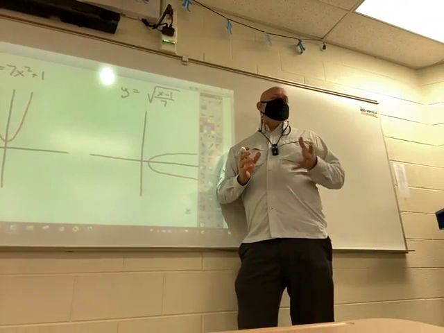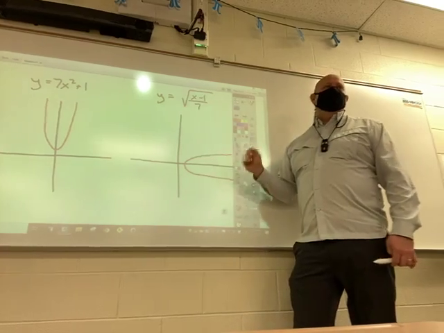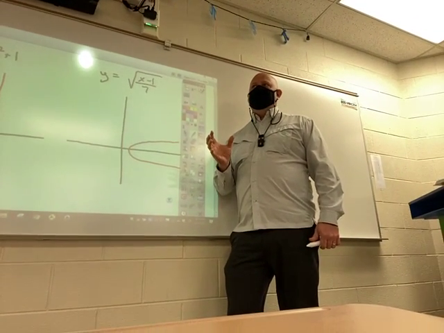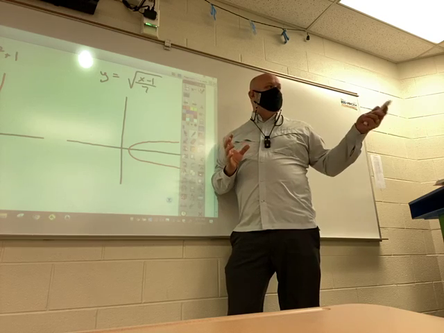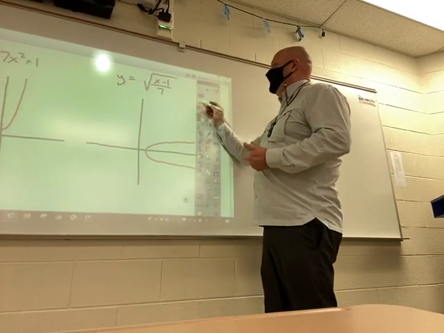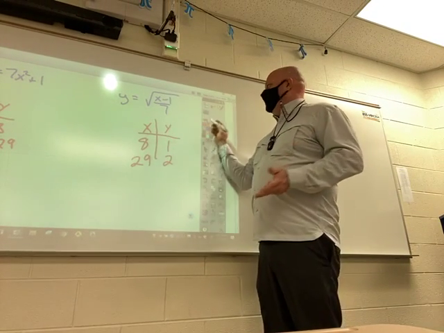What is the relationship that this graph over here became this graph over here? What does it look like it's doing? It looks like it's rotating, but it's actually not rotating. And I can prove that to you by looking at one point. Take the point 1, 8.